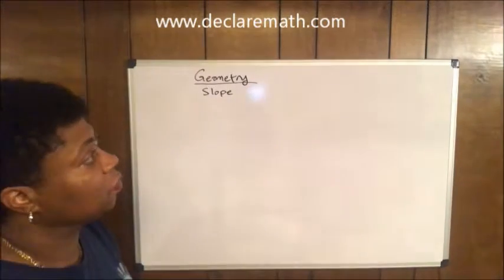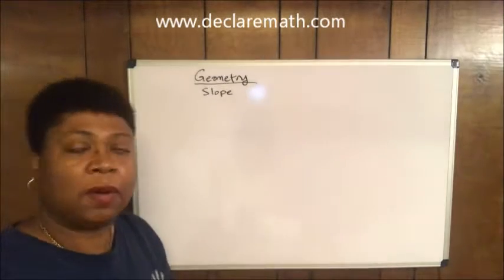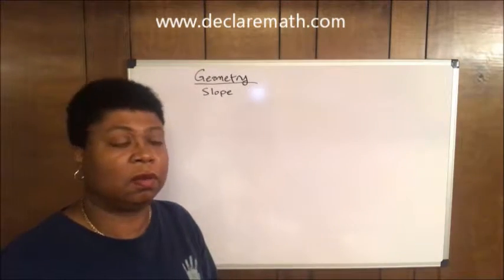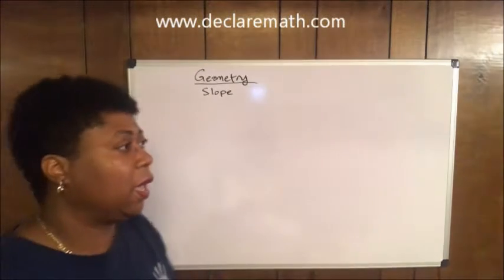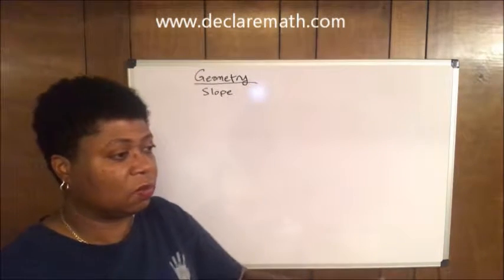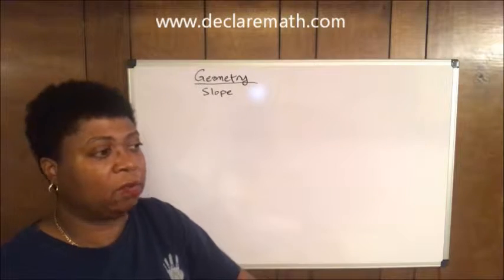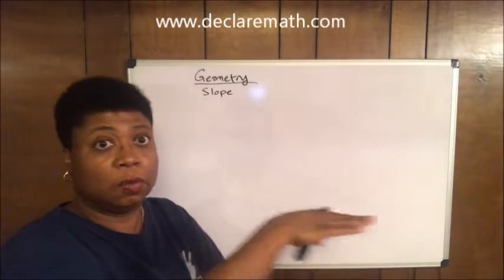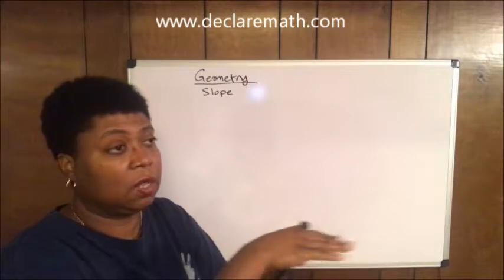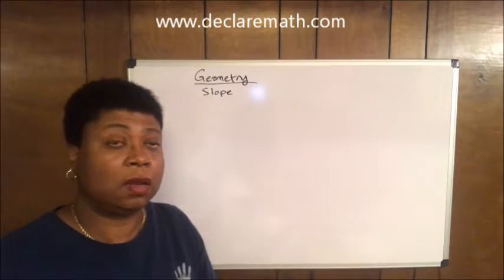If you're going down a hill, once again you have straight line motion, relative to the ground, and you're on an incline. And sometimes slope can be straight, and we're going to talk about that.